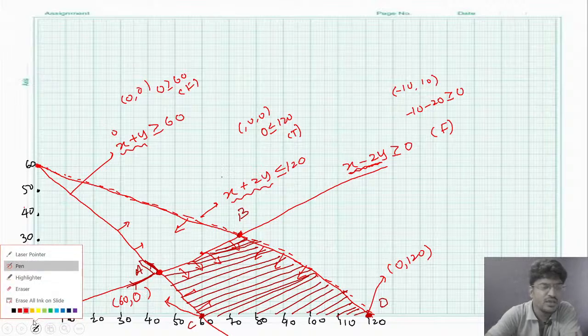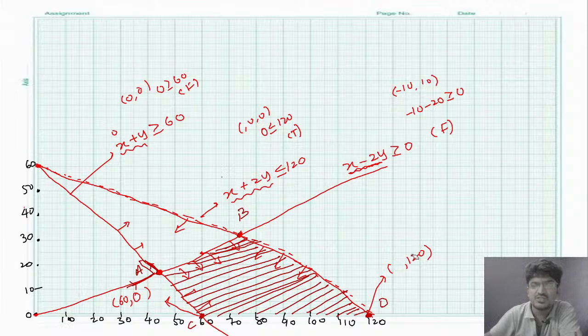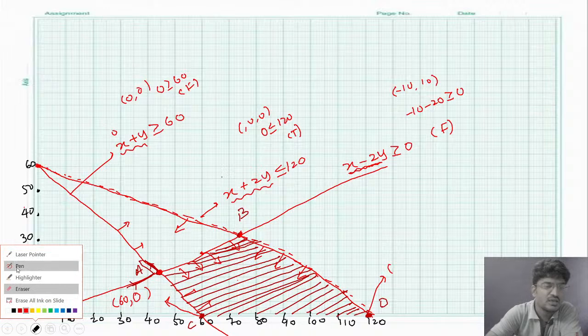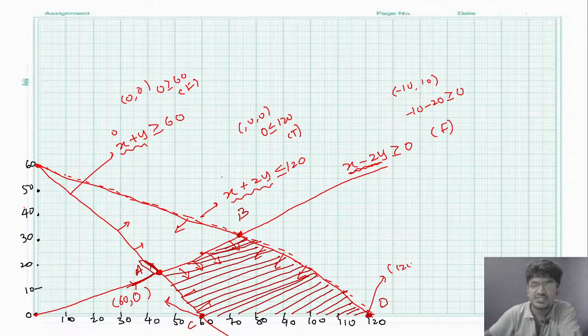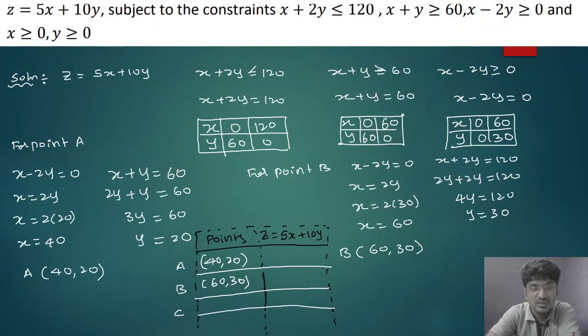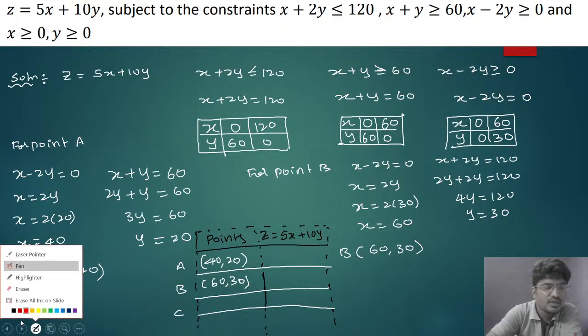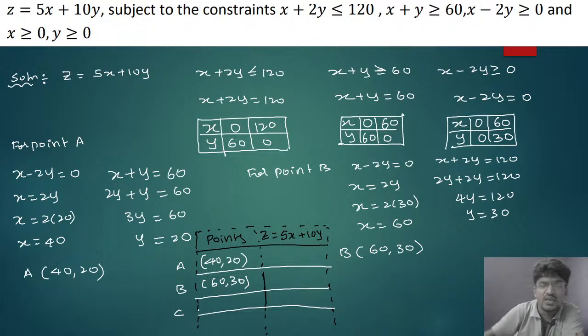In the same way, here also x is 120, y is 0. Therefore, see the C value, x is 60, y is 0, and D is x is 120, y is 0.